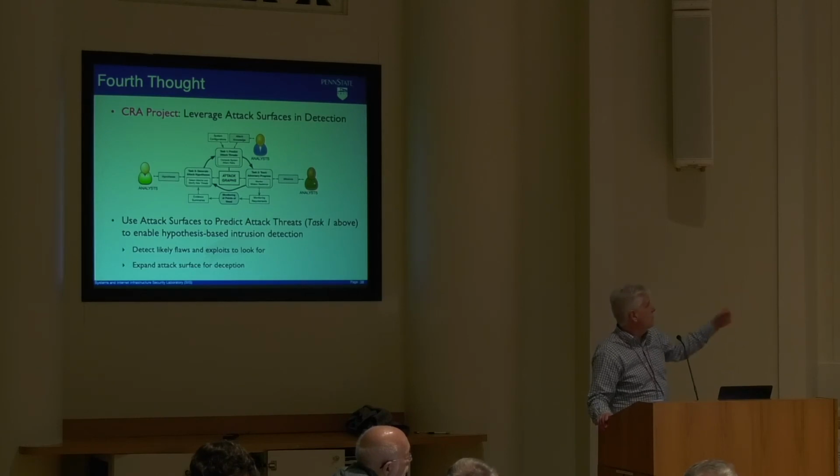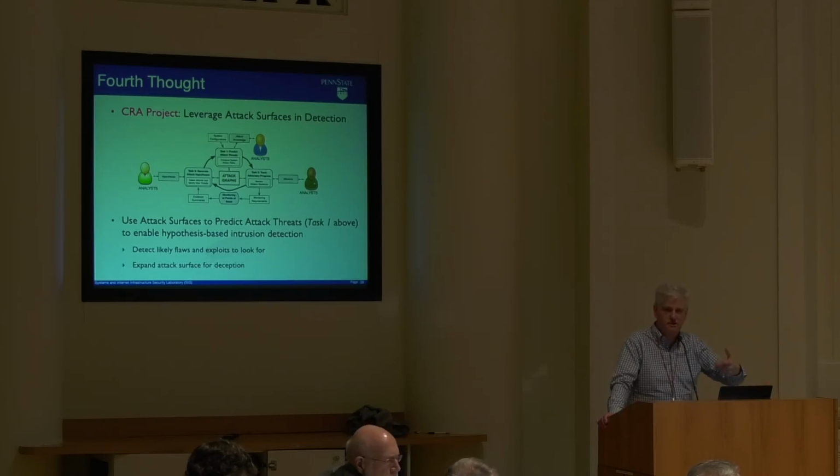And there are two aspects. One is in terms of attack surfaces, we want to, from attack surfaces, detect the flaws and exploits, or at least track our system from these attack surfaces and understand where flaws and exploits may emerge.